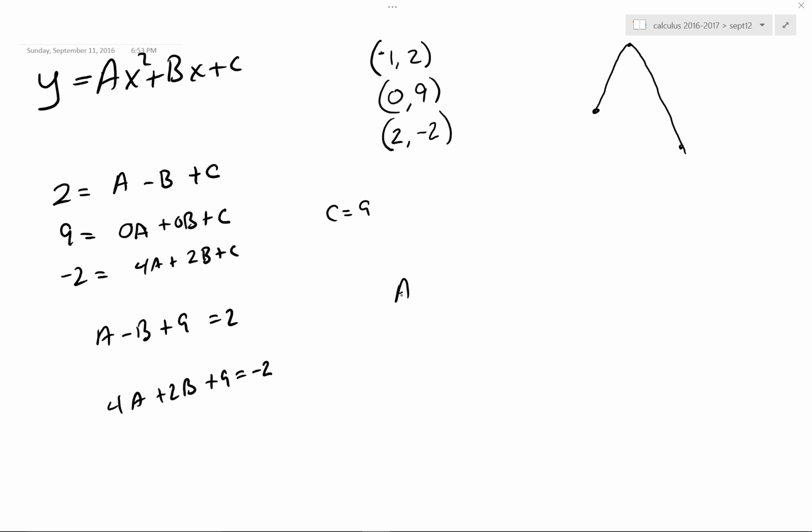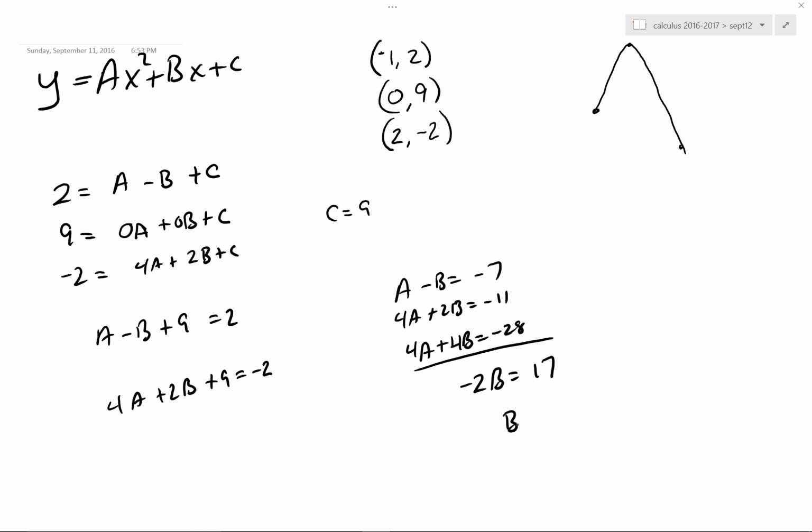And so in other words, A minus B is equal to -7. 4A plus 2B, multiply the top row by 4. Subtract, the A's go away, you get -2B minus this, B is 17 looks like.